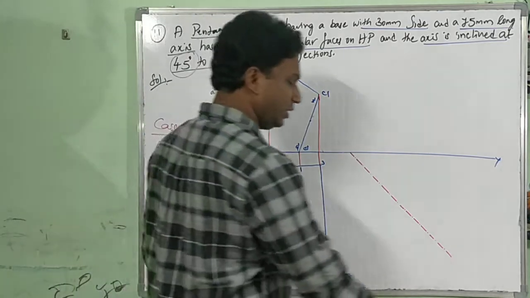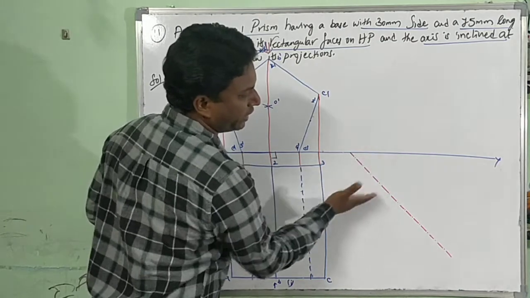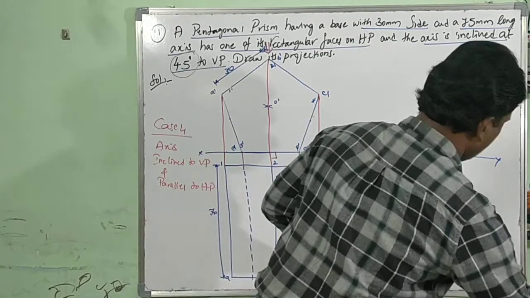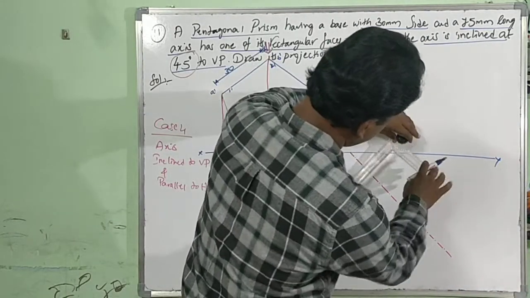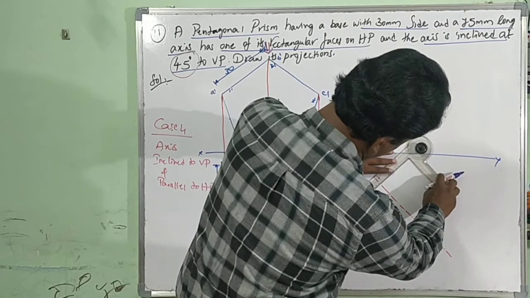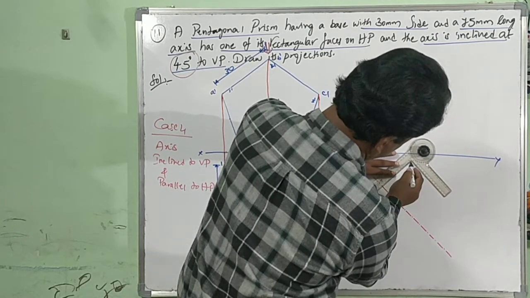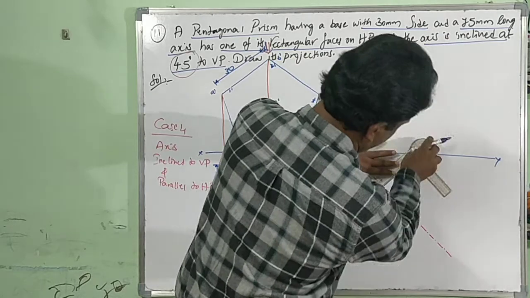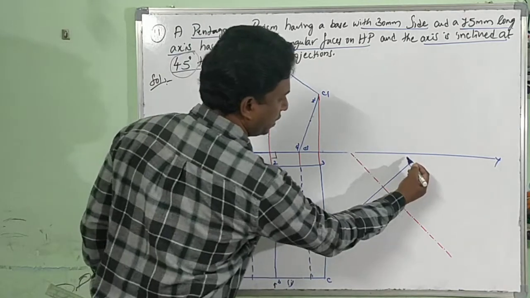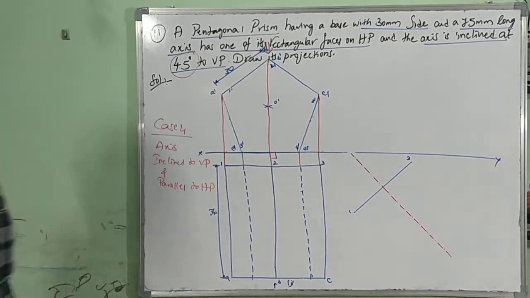You can draw as per your wish, such that the total 1-3 length is equally divided above and below. This has 1, this has 3. But this point 3 is not contacting XY. Why? Because there is no condition.